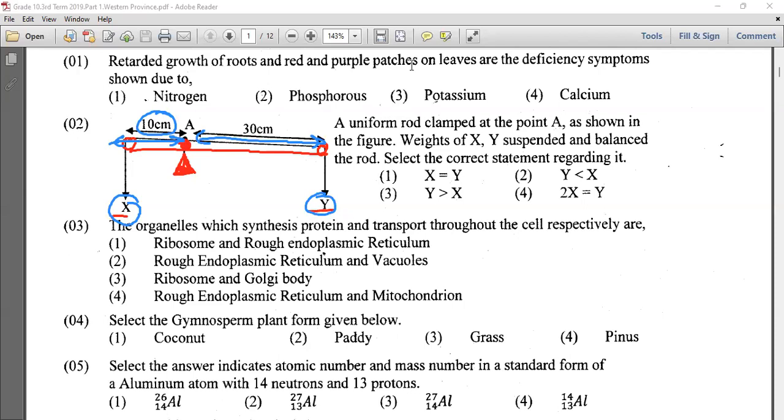So you don't know the magnitude of the two forces, right? That is unknown. We have to find it out.